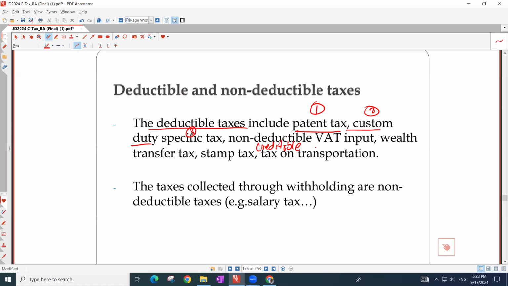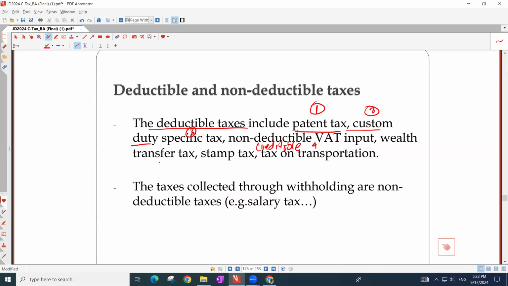Which means when we make a purchase, we have VAT input on the purchase, but we cannot claim credit. For example, if we are late or the invoice is not proper, or some purchase is not allowed for credit, then we can record this as a tax expense.